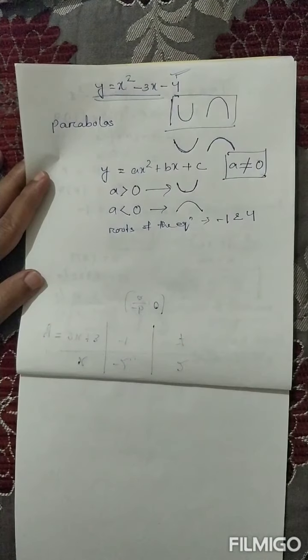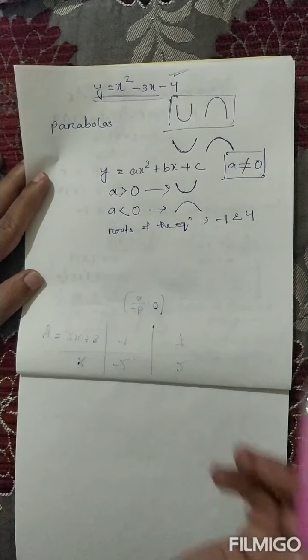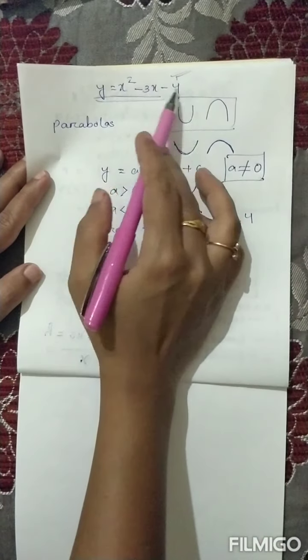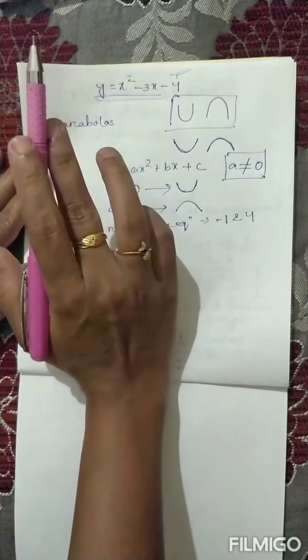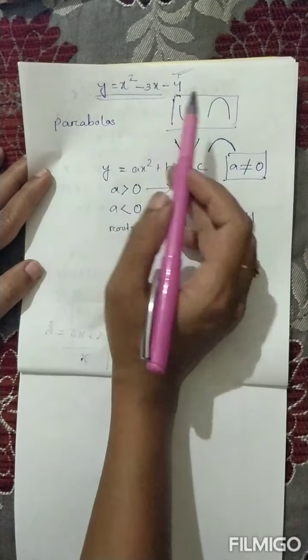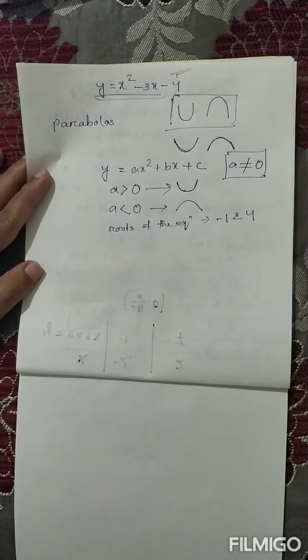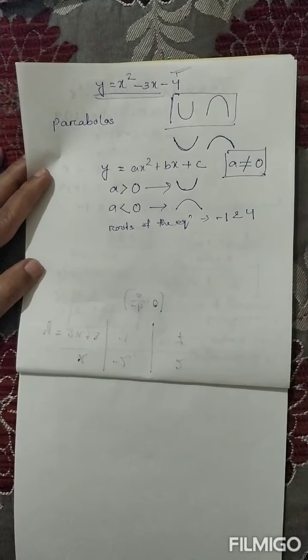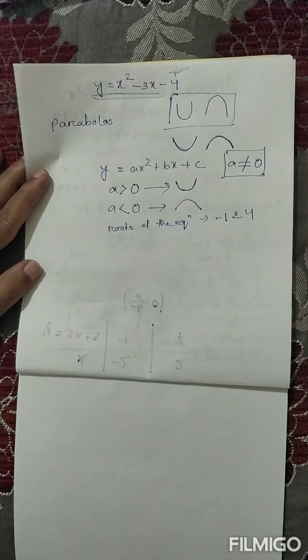So having two zeros, the equation is in front of you. I have taken the table also. You can see that there are two zeros. So the next case is to find only one zero.